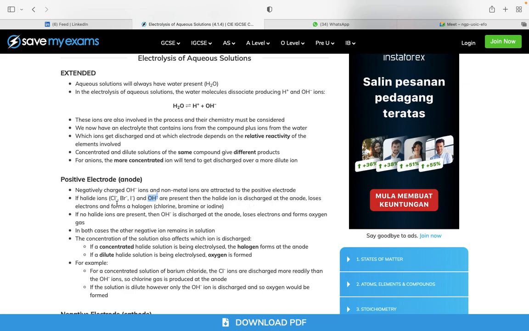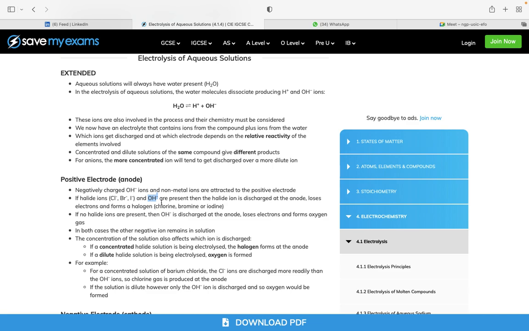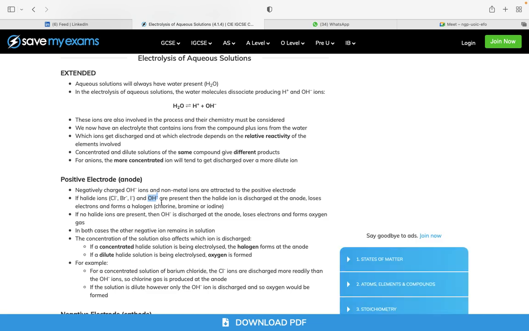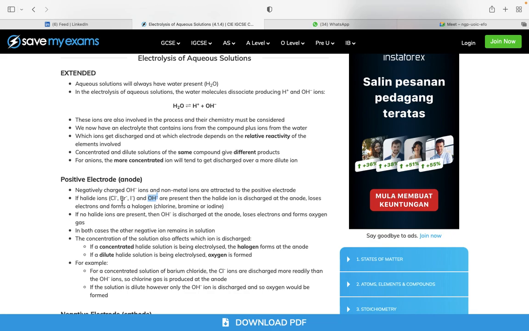So whenever you have chlorine ion versus OH ion, which one will migrate? Which one will migrate to the positive electrode? It is the halides that will migrate. I already explained this concept. The halides will migrate instead of the OH ion. Is that okay? The halide ions like the chlorine ion.